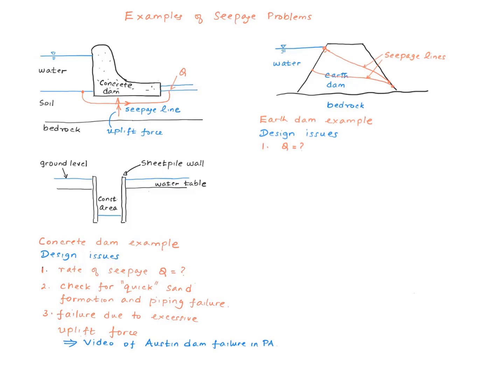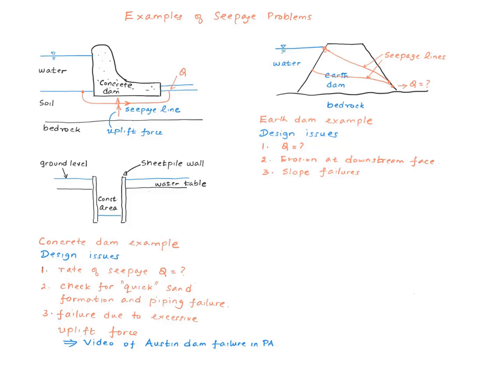So what are some of the design issues? Number one, just like in the case of concrete dam, we want to know the rate of seepage, Q. Number two, because the water is coming out at a certain velocity in this downstream face, it could cause erosion, which could eventually lead to failure.